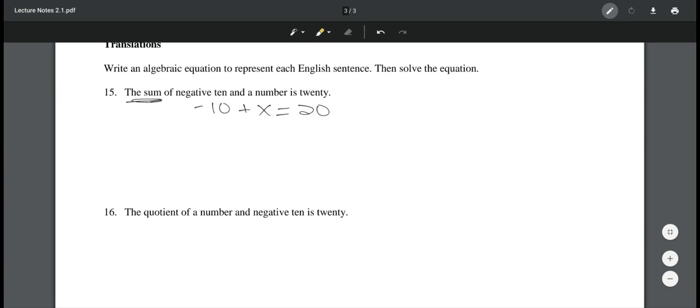So the sum of this number and that number equals 20. The word is always represents the equal sign. So anytime you see is, that represents where your equal sign should go. So in this particular problem, I will add 10 to both sides. So x equals 30.